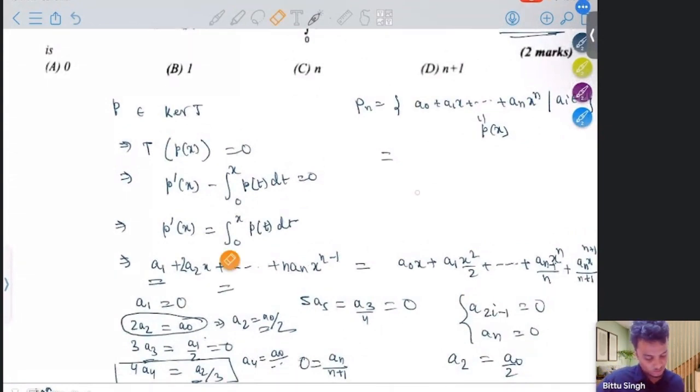We can see that the even terms will be like this: 2k ak, and on the right hand side it will be a(k minus 2) by (k minus 1). So we can express ak as a(k minus 2) by 2k times (k minus 1) for all k up to infinity.